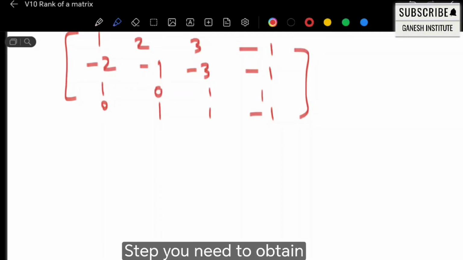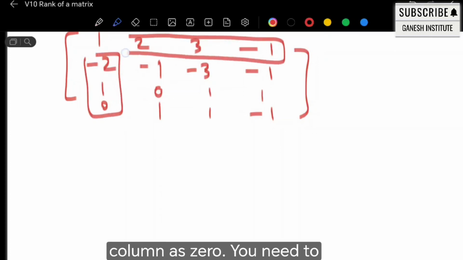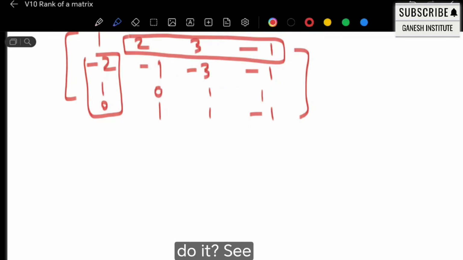Now what is the next step? You need to obtain zeros in the remainder of first row and first column. Try to make all the rest of the elements in the row and column 0. How can you do it? See, we have already got 1, so it is easy to make 0. How?